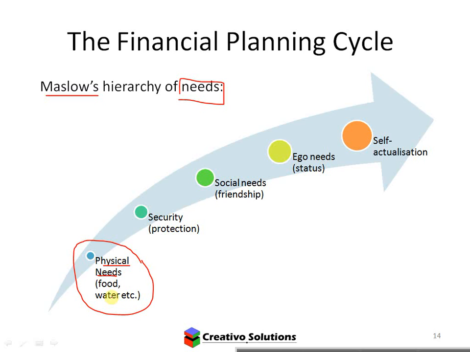Once we're fed and we've got enough to drink, then what do we focus on? We focus on security. Am I safe? Am I secure? Then after being safe and secure, so you've got the property, you're living safely, people focus on friendship, social needs, interaction.